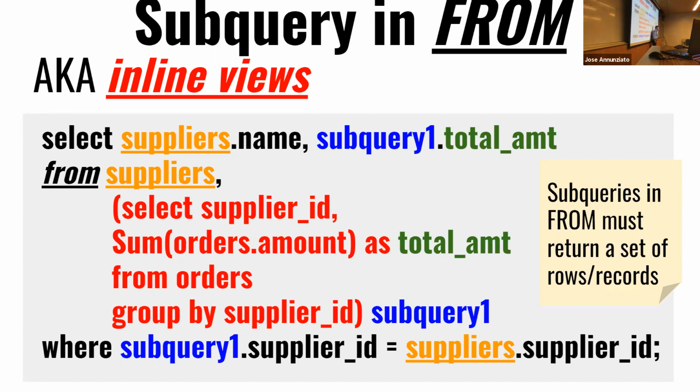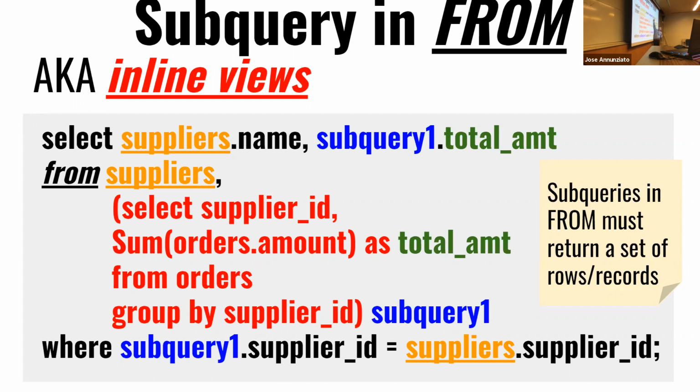So I'm only keeping the ones that match, of which I retrieve a field from the suppliers table. And from my inner, I only have 2 fields: the supplier ID and the total amount, of which I am displaying the total amount.